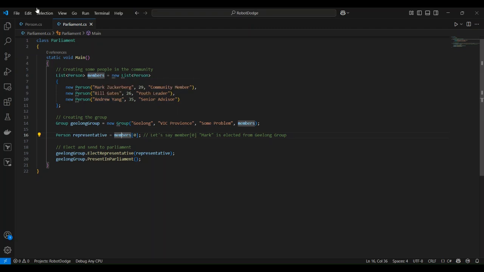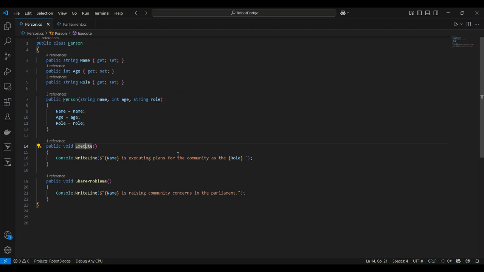For the person class, you may have noticed a method like execute, which may not be useful for the normal person because the normal person does not need to go to the parliament, but it is useful for the representative. This will be the next topic of OOP called inheritance. We'll deep dive into this from the next topic, inheritance.